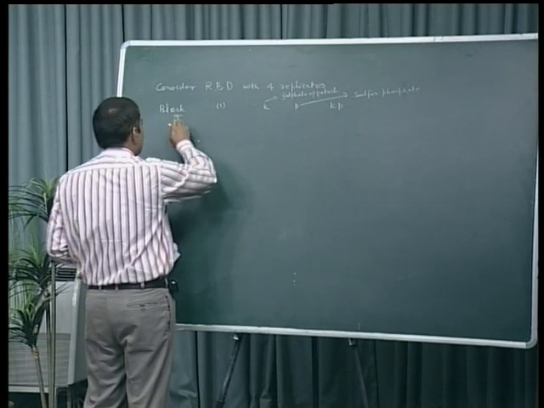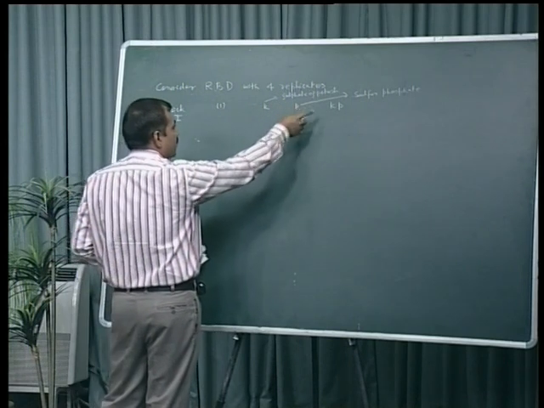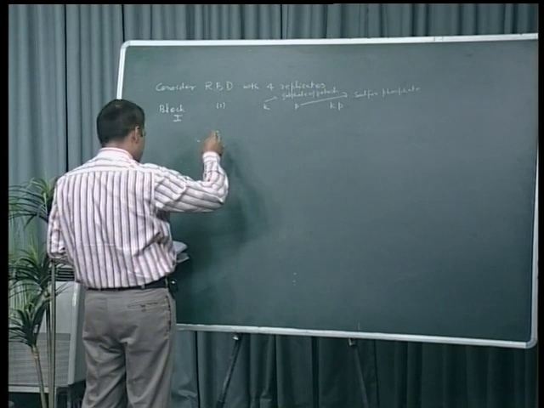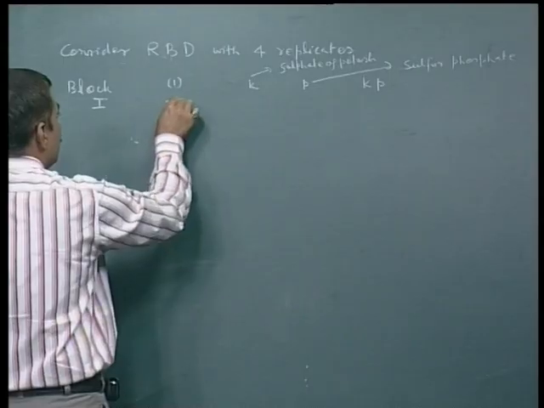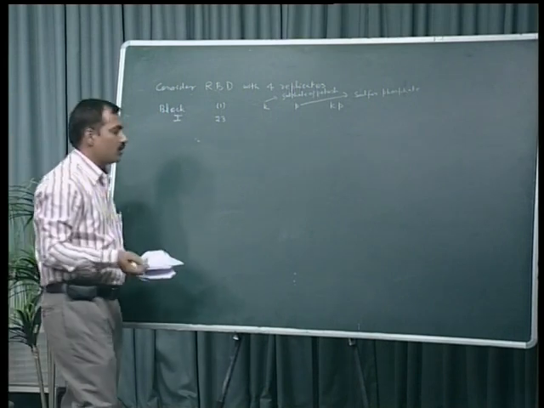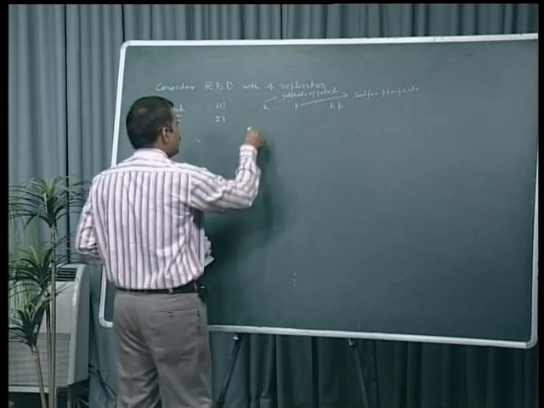Now, considering RBD, the yield from the first block where sulfate of potash and sulfur phosphate are absent is 23, maybe in kilograms or in different units of weight.